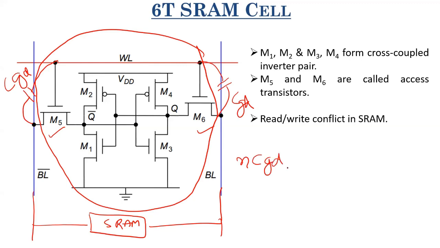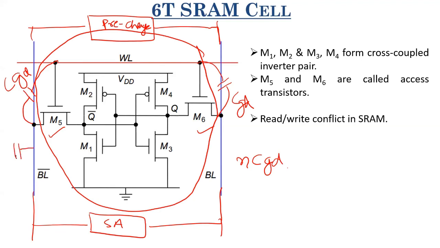And there would also be some sense amplifiers connected here. There would be some pre-charging circuitry connected to these two lines, and also some sense amplifier, let's say SA. These also will have some capacitances, and there would also be the line capacitance of this bit line, the interconnect.